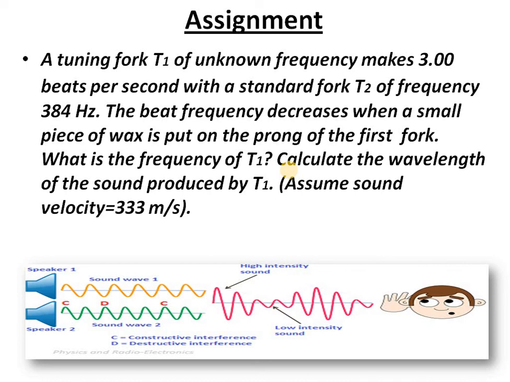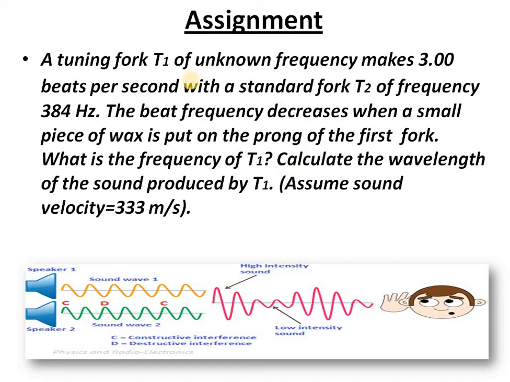The beat frequency decreases when a small piece of wax is put on the prong of the first fork. What is the frequency of T1? Also, calculate the wavelength of the sound produced by T1. The velocity of sound is given here. It is 333 meters per second.